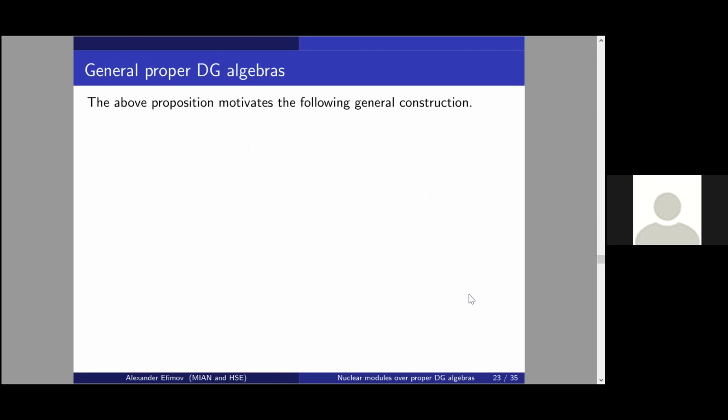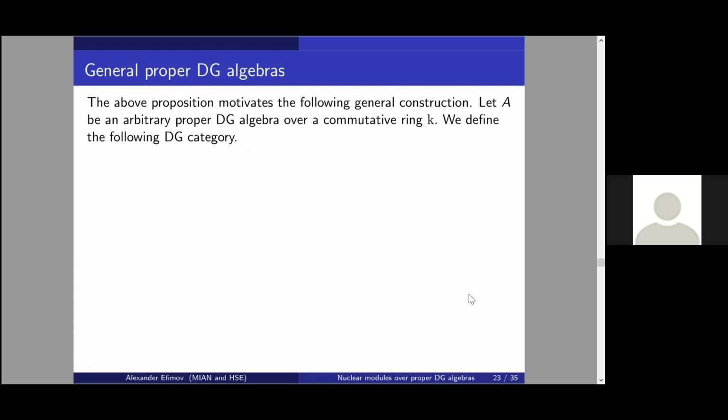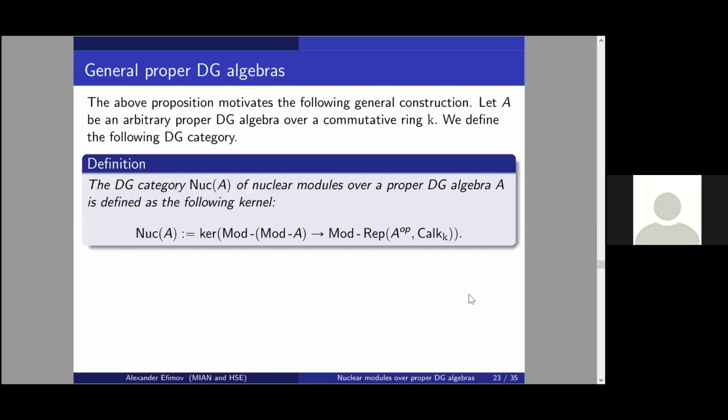This proposition motivates the following general construction. We take a proper algebra over a commutative ring, and we define the following DG category. Here I drop the bounded assumptions because I have to if I want to work with abstract proper algebras. The bounded versions don't really work well for abstract proper algebras.